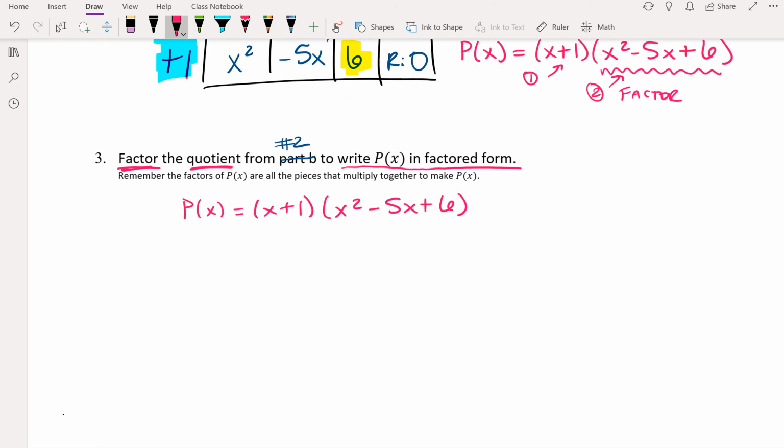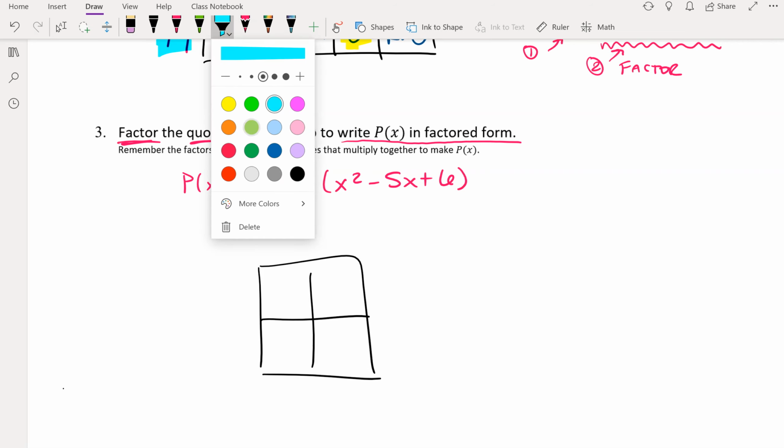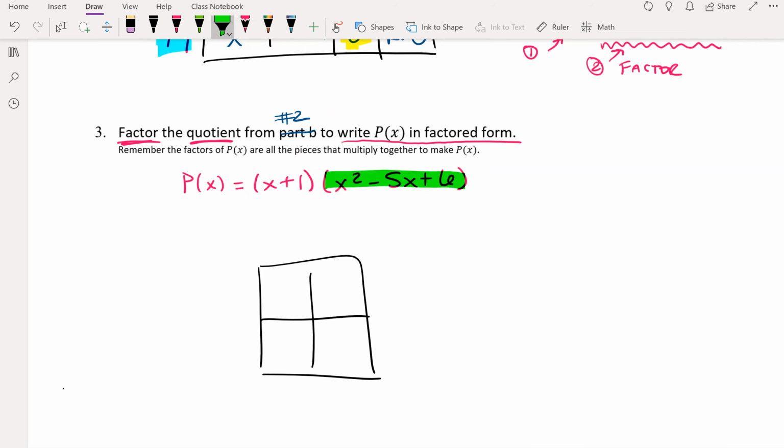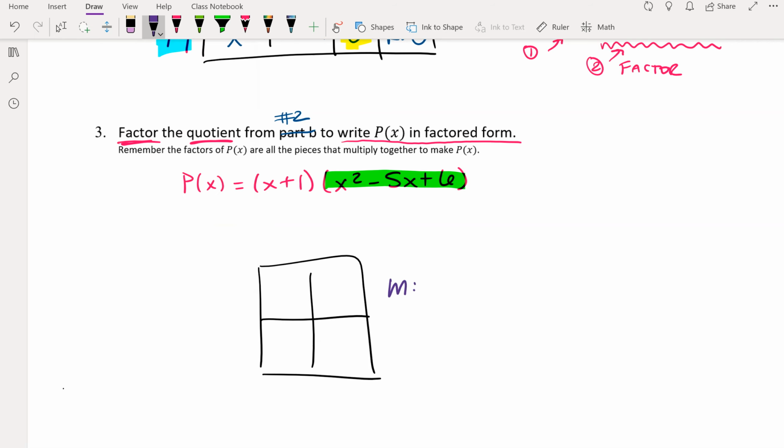Okay, so this is p of x. We need to fully factor it. So we're going to factor the second piece, and I will highlight that. We're factoring this piece. So we need to multiply to a times c, which equals 1 times 6, which equals 6.